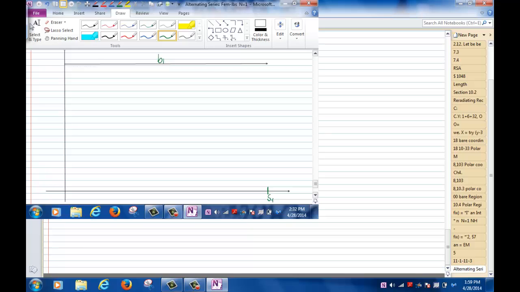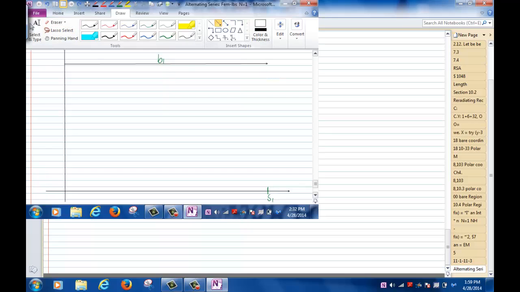Okay, what is S2? S2 is the sum of the first two terms, right? It's B1 minus B2. So I'm going to subtract now. So how do I subtract B2 from B1? Well, I'm going to start B2 from this side.